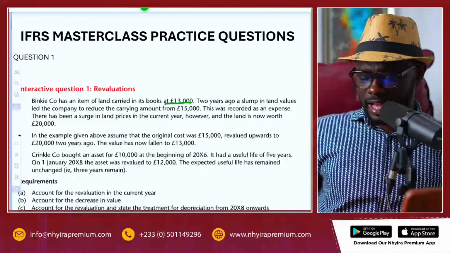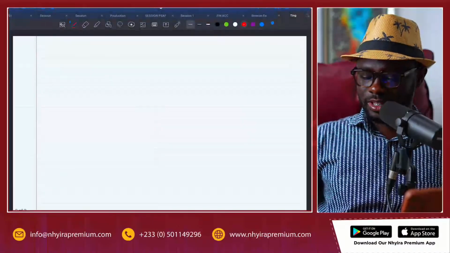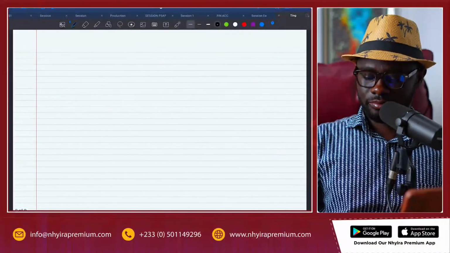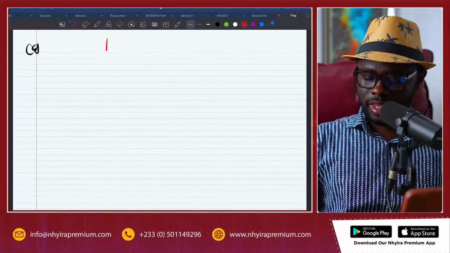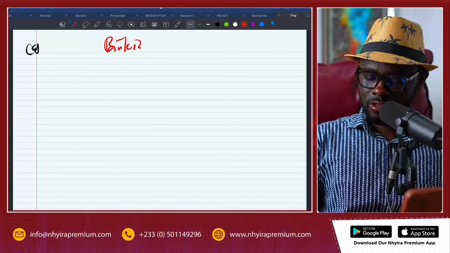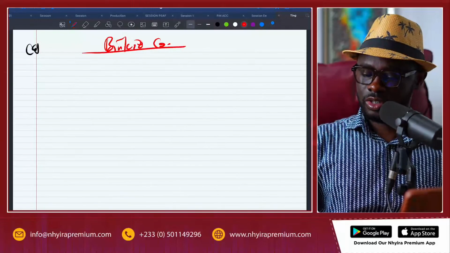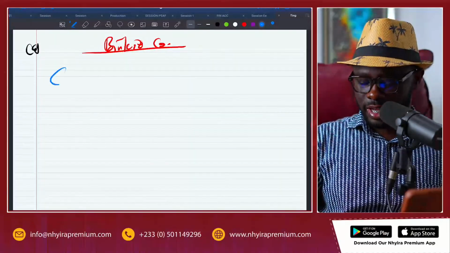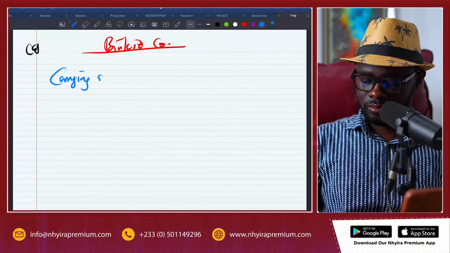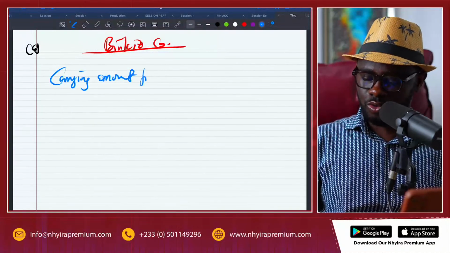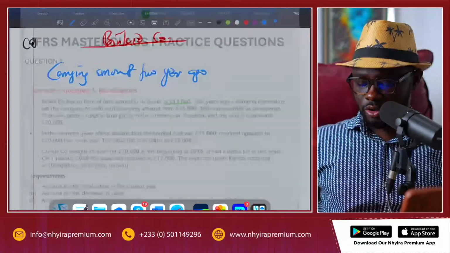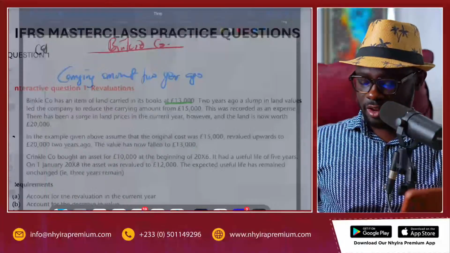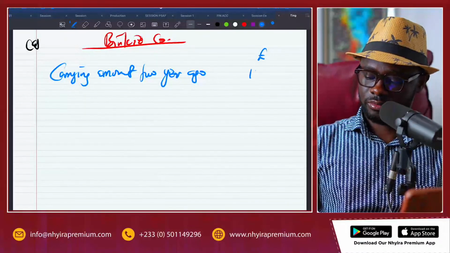So let's gather around what is going on here. For Binki Co., we first get the carrying amount 2 years ago. We were told that 2 years ago it was carried at £15,000.